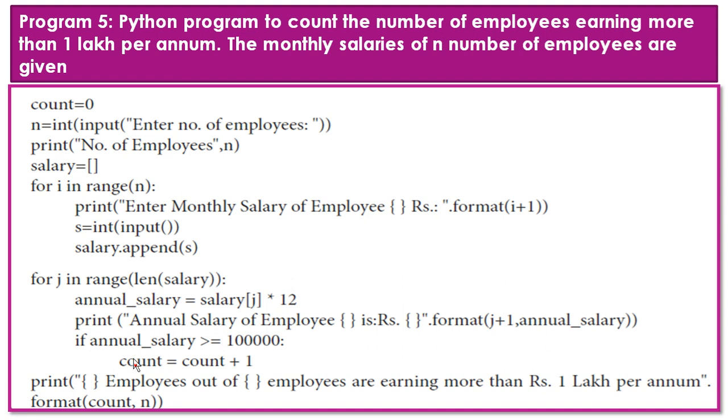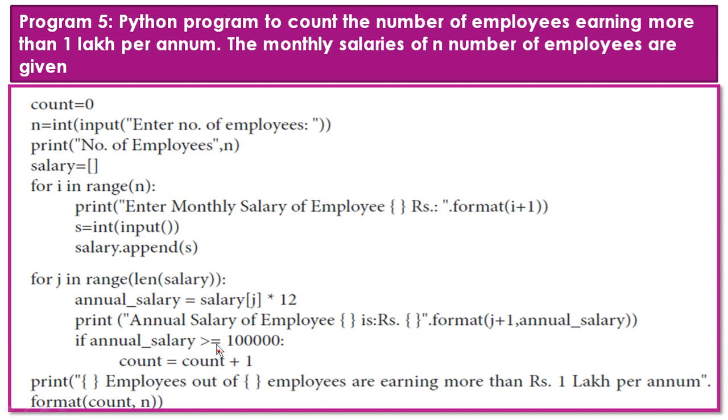Here the count variable is used for counting the number of employees who get a salary above 1 lakh. This work is done by using the if statement. If annual salary is greater than or equal to 1 lakh, then count equals count plus 1.